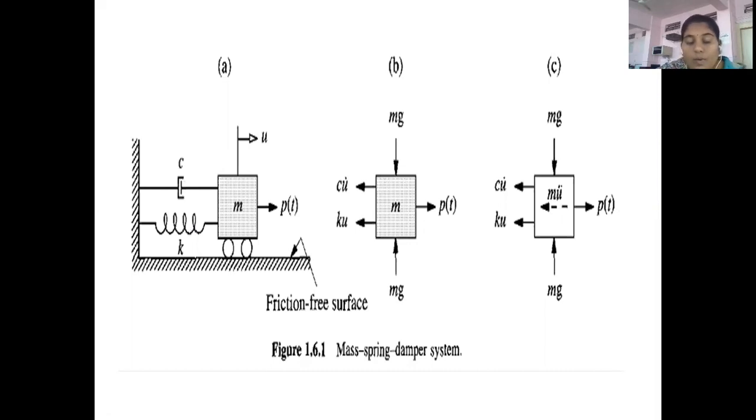So the third one, the damping force will be C x dot, that is C u dot.